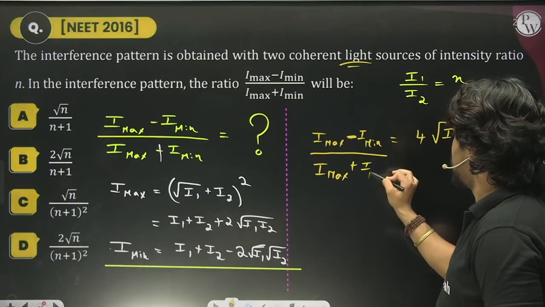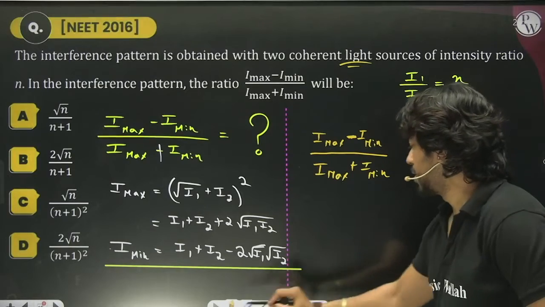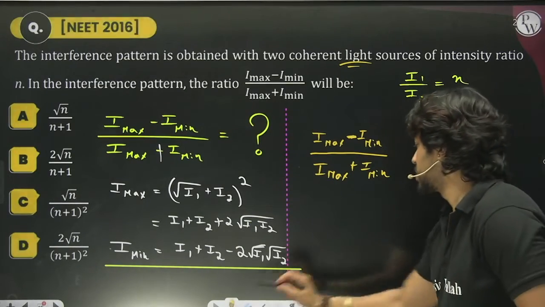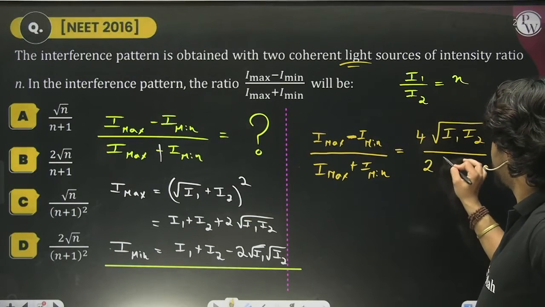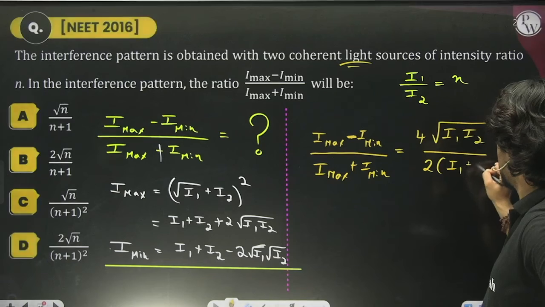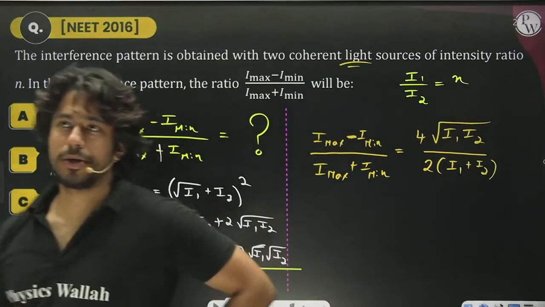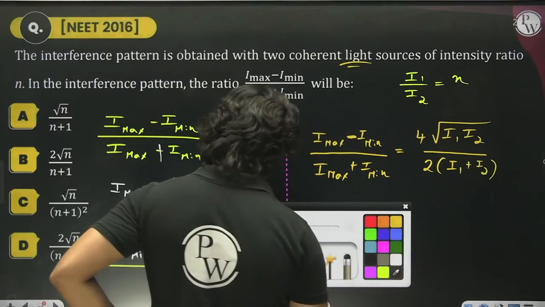What is I max plus I min? Add both of them: 2 times (I1 plus I2).